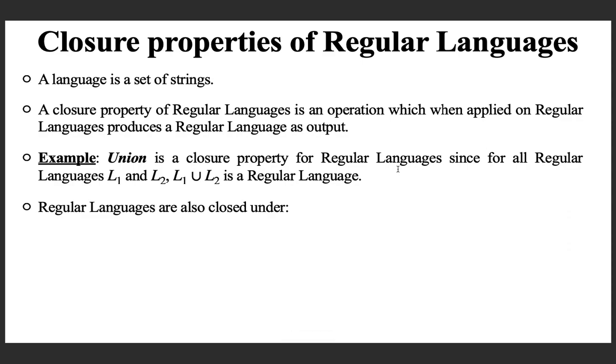Now, what are the other commonly discussed closure properties? We can see that regular languages are also closed under Kleene iteration. That means if L is a regular language, then the star closure L star is also a regular language, and it is closed under complementation, meaning if L is regular, then L complement is also regular.